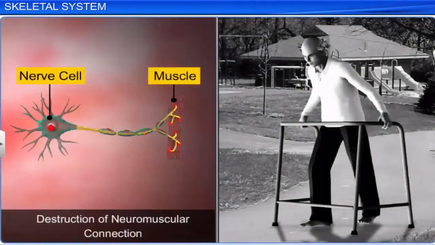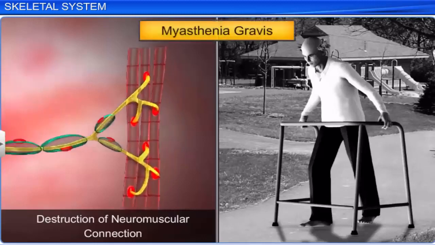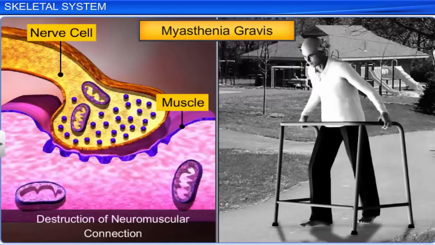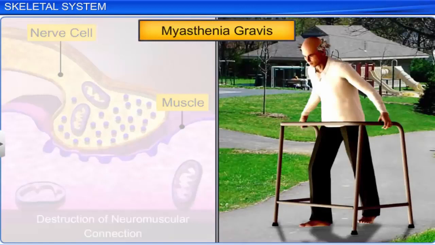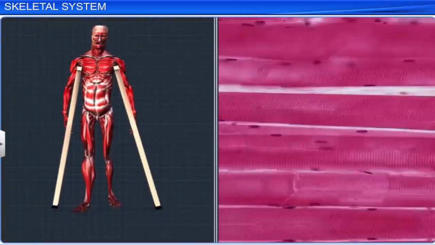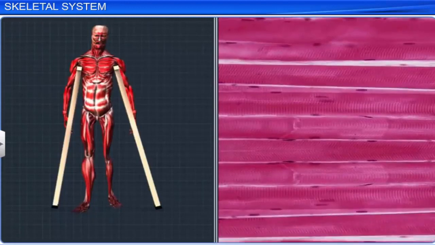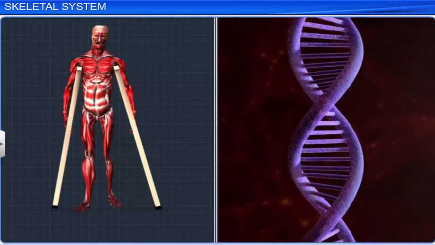One such disorder is Myasthenia Gravis, which is an autoimmune disorder that affects the neuromuscular junction characterized by fatigue, weakening and paralysis of the skeletal muscles. Muscular dystrophy is also common and is characterized by the progressive degeneration of skeletal muscle fiber. It is considered a genetic disorder.